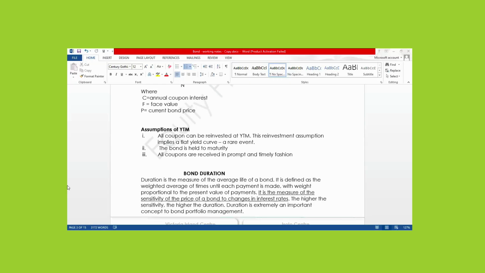Duration is the measure of the average life of a bond.